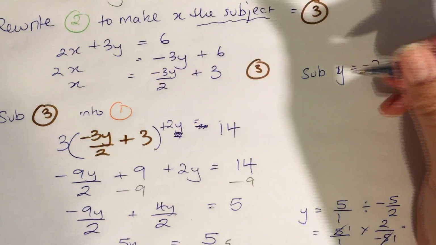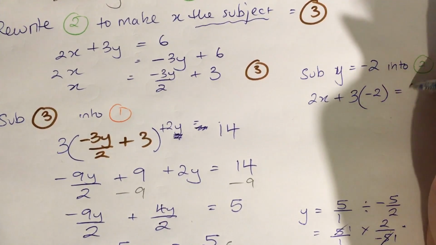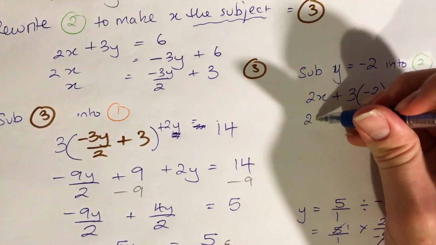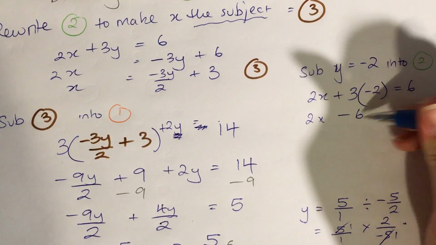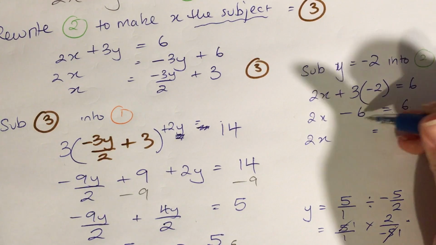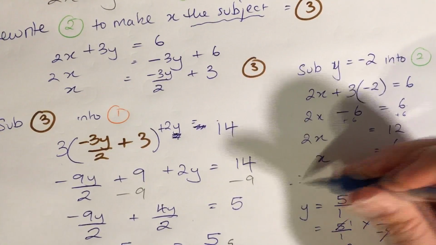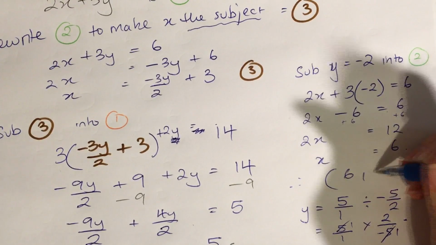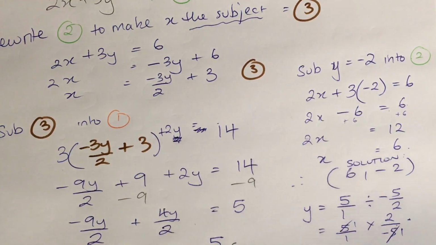So I get 2x plus 3 times negative 2 equals 6. 2x minus 6 is equal to 6. We're going to add 6 on both sides, so 2x is equal to 12. x is equal to 6. So therefore the solution is 6, negative 2. Hooray, go us. And that's how you solve by substitution.